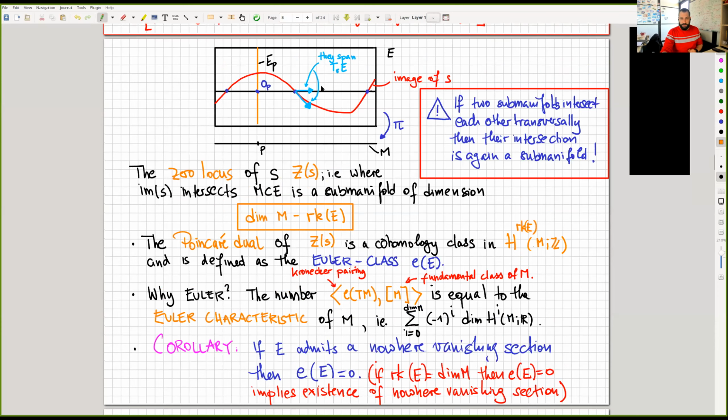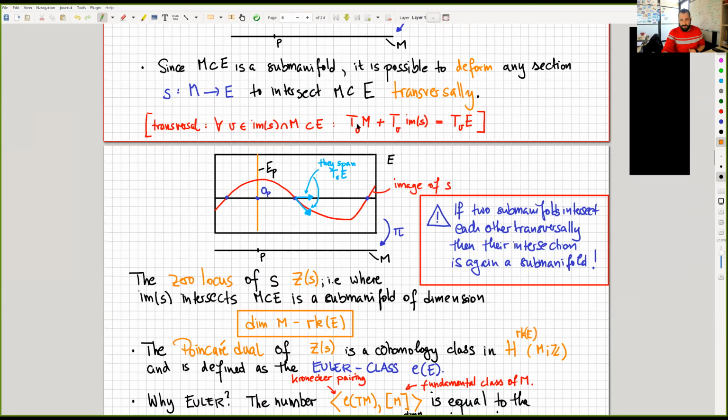And you can also know what the dimension of this intersection is. If you see here, the dimension of the intersection is just the dimension of the intersection of these two spaces, right? So if they're not the direct sum, they intersect in some vector subspace, and the dimension of this vector subspace is the dimension of your intersection.